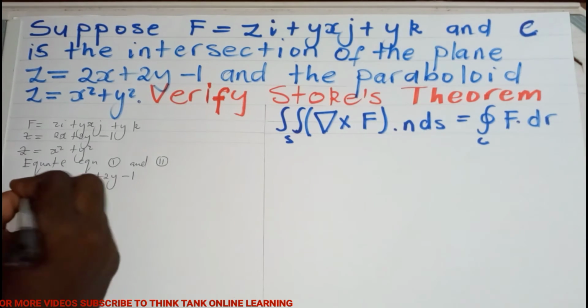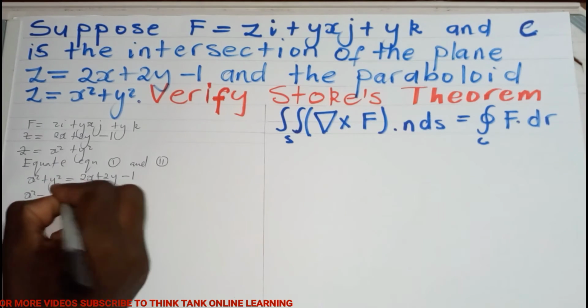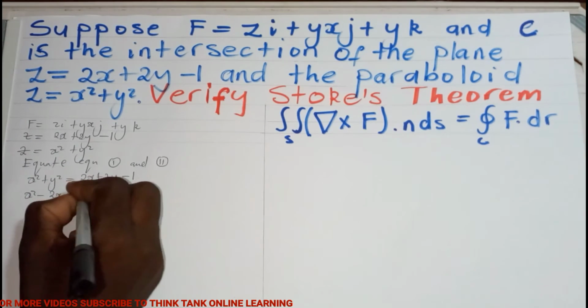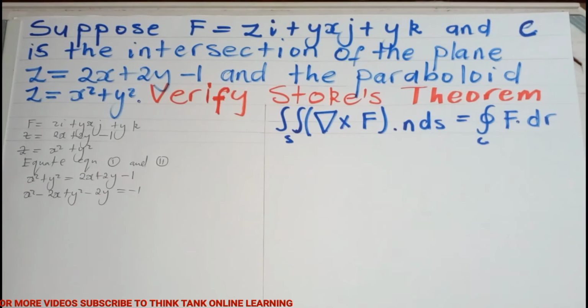Okay, so let's collect like terms. We have x² - 2x + y² - 2y = -1. Now we're going to complete the square: divide this by 2, then square the answer obtained.